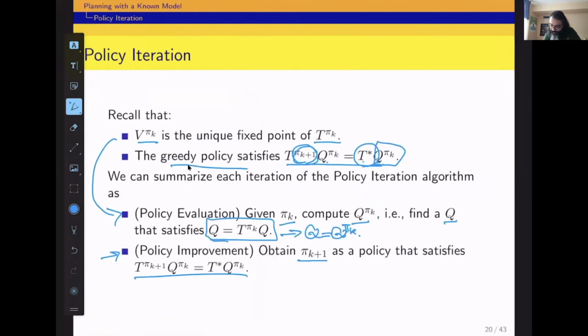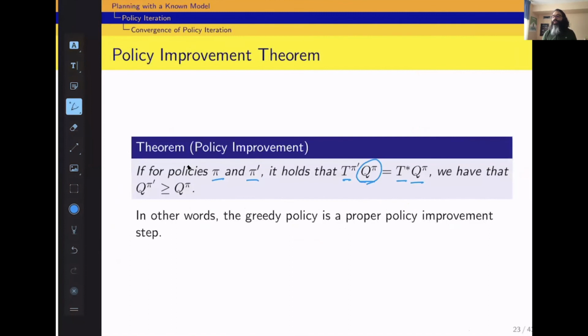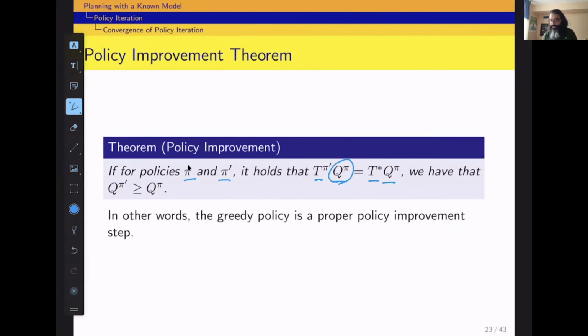We're talking about this equation, but in the context of policy iteration. Here I'm talking about just two policies, pi and pi prime. If pi prime is the greedy policy, which means that it satisfies this equation, then Q of pi prime, the value of pi prime, is greater or equal to Q of pi. So it can be the same too.